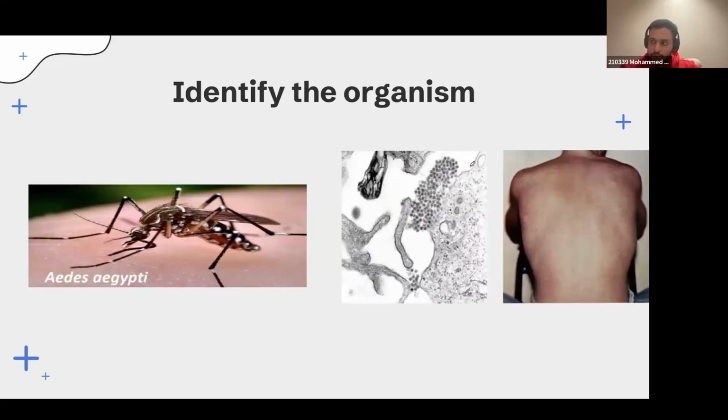Now, what is this one? Dengue fever. Good. Okay, dengue hemorrhagic fever, and it's transmitted by this mosquito. Remember the mosquito name. Description of what it looks like, not gonna lie, I am not too sure what it looks like very specifically.